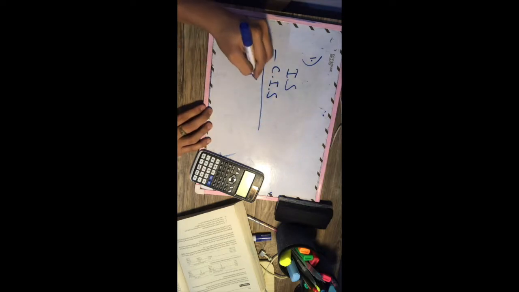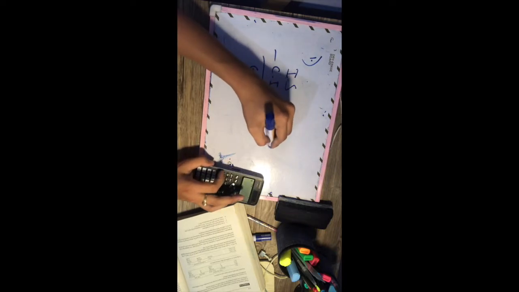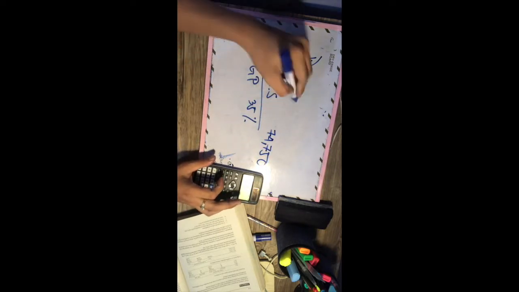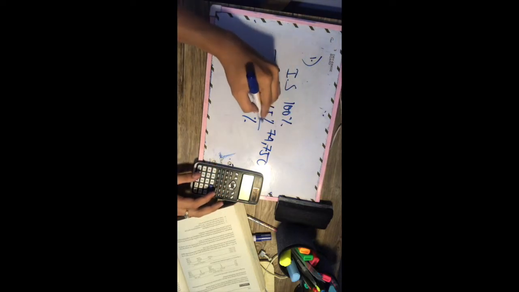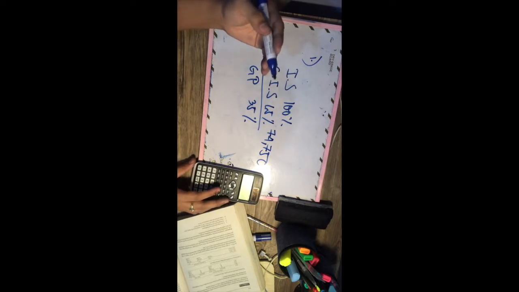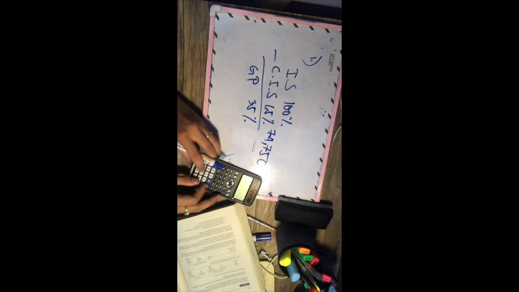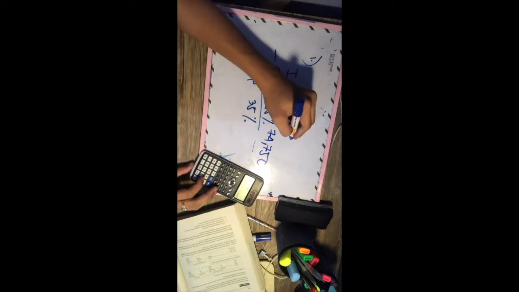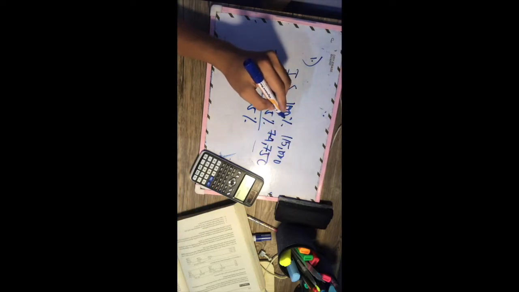Sales gross profit, we have 74,750. 65% based on sales. So if you're going to compute for the installment sales, then 74,750 divided by 0.65. We get 115,000. So you have 115,000.